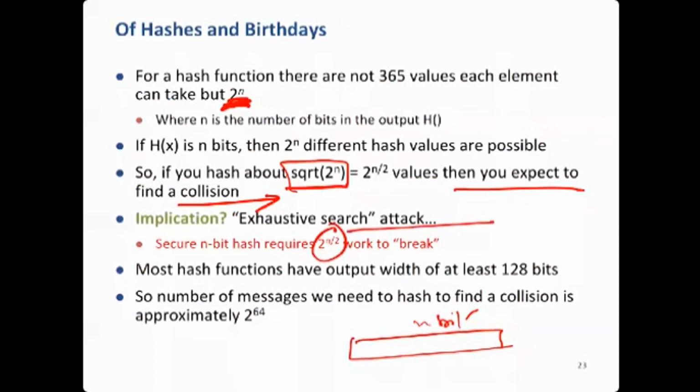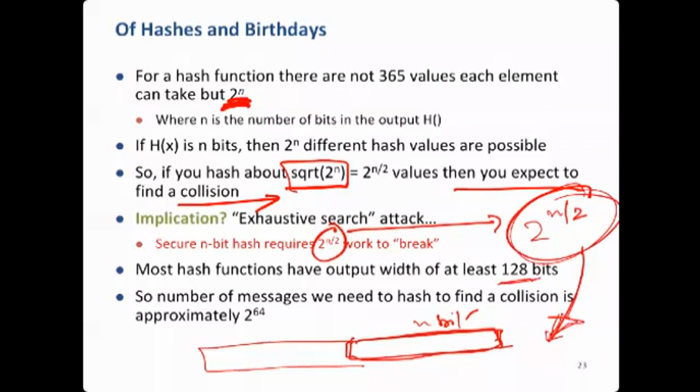Now the question is, what is this 2 raised to the power n by 2? What is n? n is the size of the output of the hash function. The larger the value of n, the higher this value is. If we make this 128 bits, then through brute force you will have to make so many attempts or combinations, a number of messages you need to generate to find a collision.